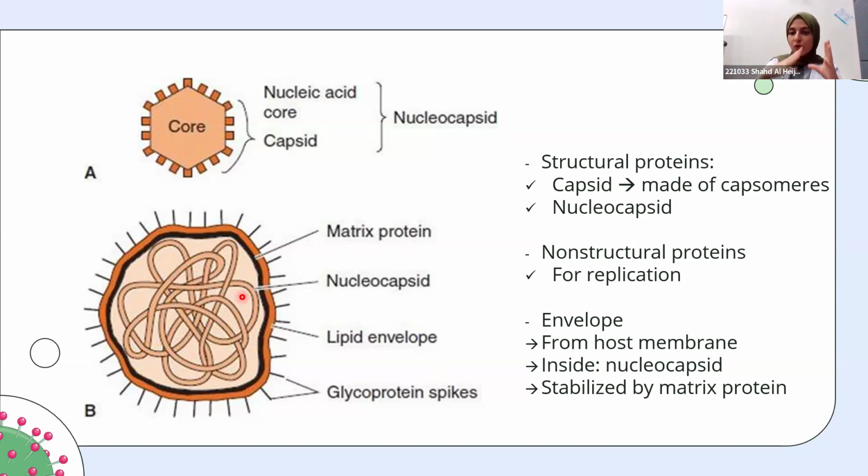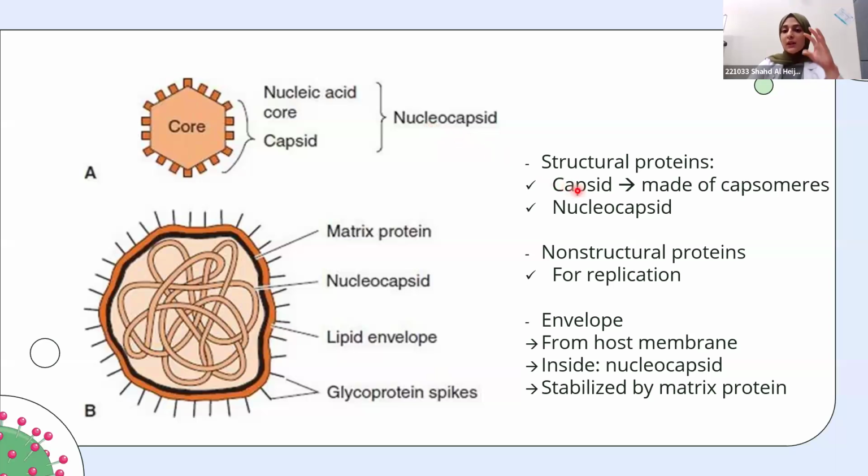The capsid is covering the genome, and those will form the nucleocapsid. Now, I noticed in the transcription of your lecture, the doctor mentioned that nucleocapsid and capsid are different things. He said that you have the genome, then the nucleocapsid, and then the capsid. But according to all the resources I checked, it's basically the nucleic acid core and the capsid forming the nucleocapsid.